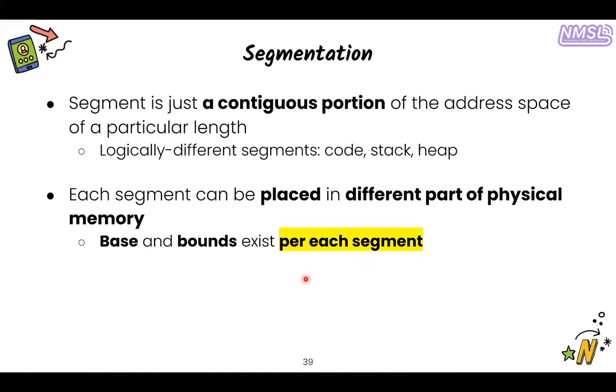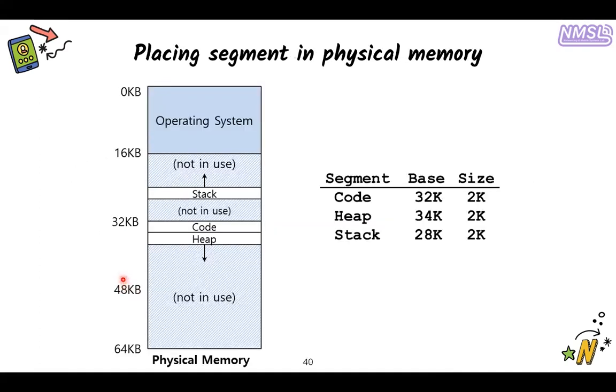So base and bounds exist per each segment. It's a little bit more finer grain. So here, you're going to now have a segment name, but also a different base.